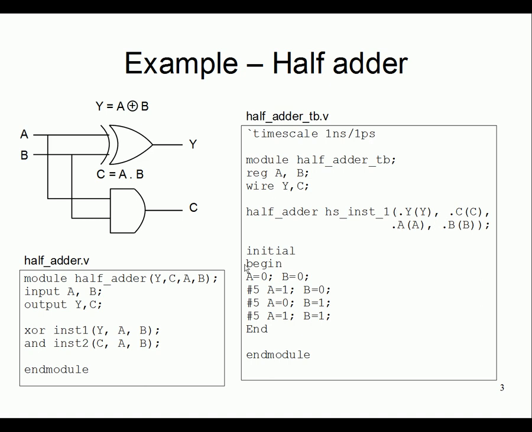Now after that, we just drive A and B, initially with 0. Then let's try all four combinations: after 5 nanoseconds 1 0, another 5 nanoseconds 0 1, another 5 nanoseconds 1 1, and then we just observe the output values in our waveform browser.